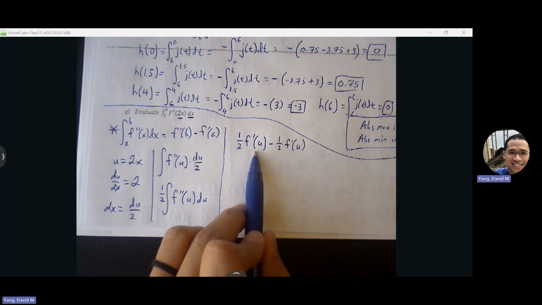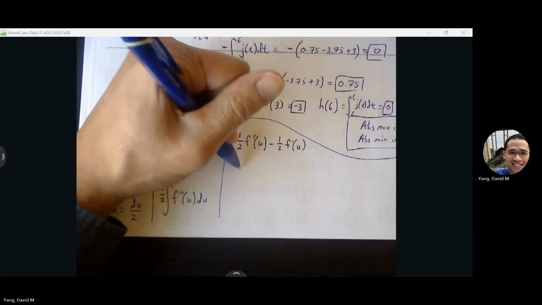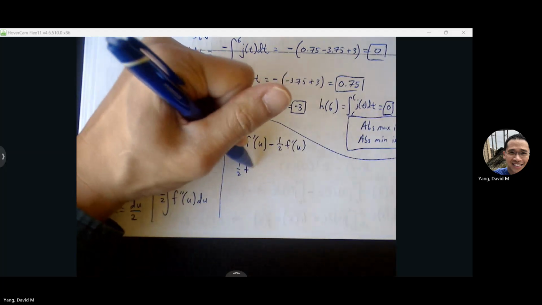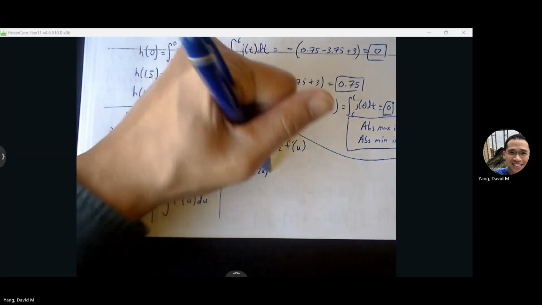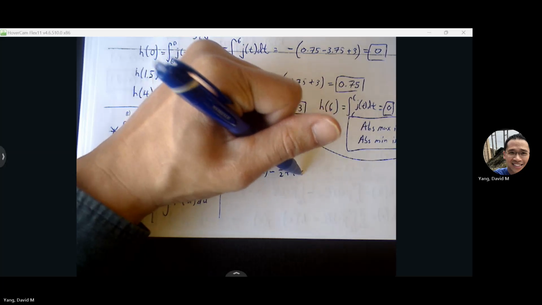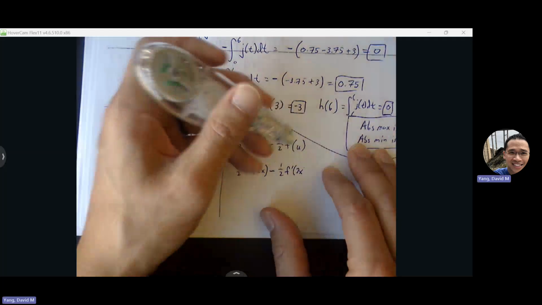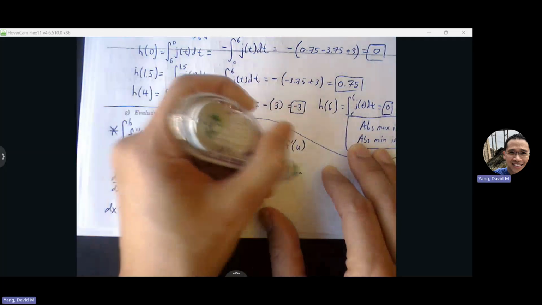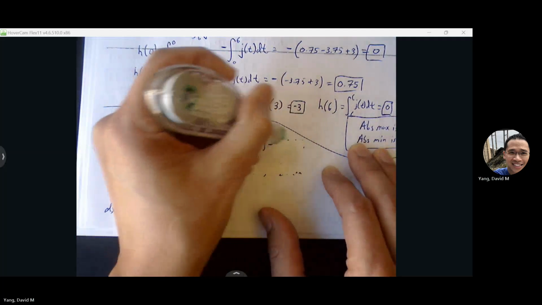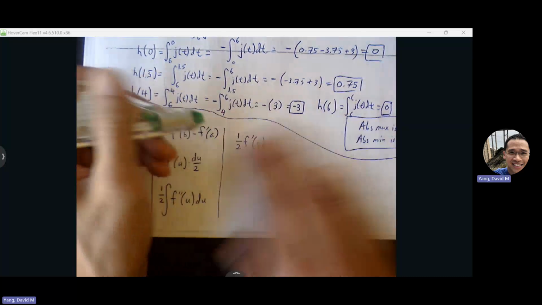So here's my antiderivative. I want to bring back my original variable. I'm sorry, I'm trying to do too many things here at once. I haven't done the bounds yet. My bad.